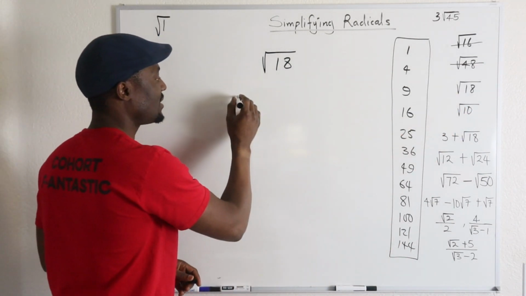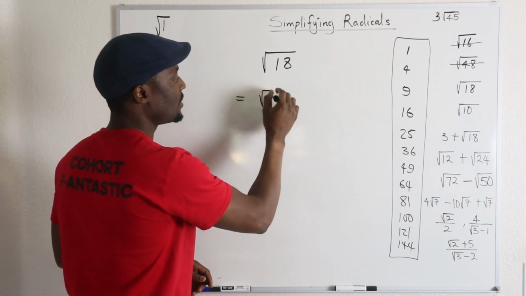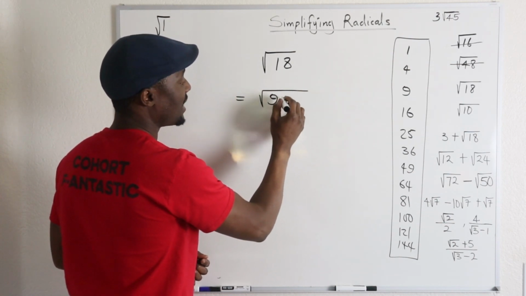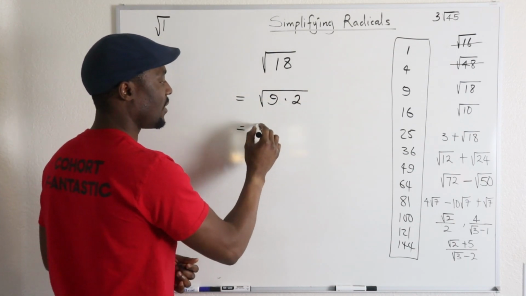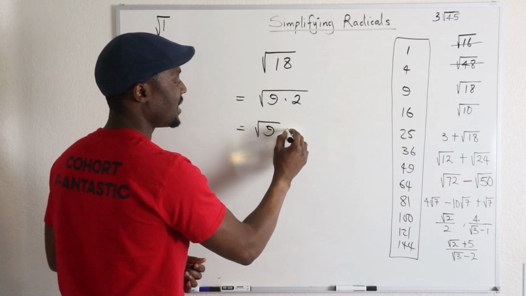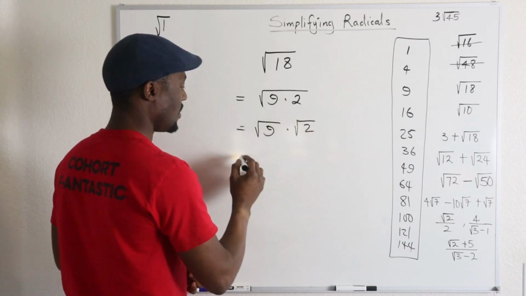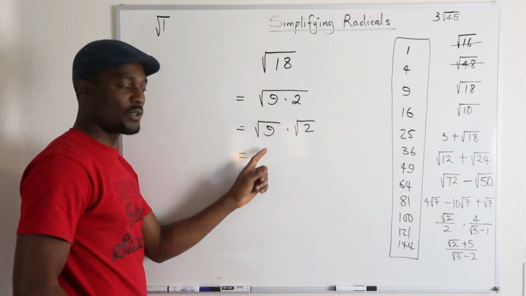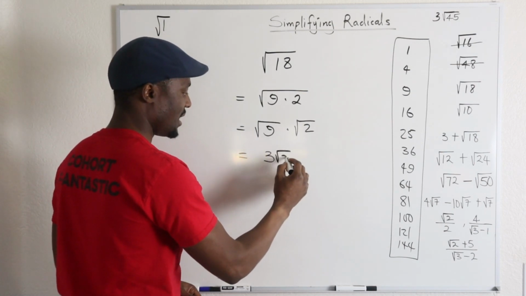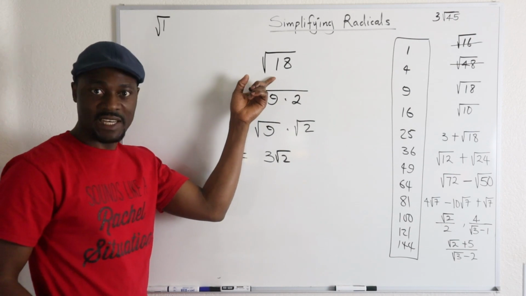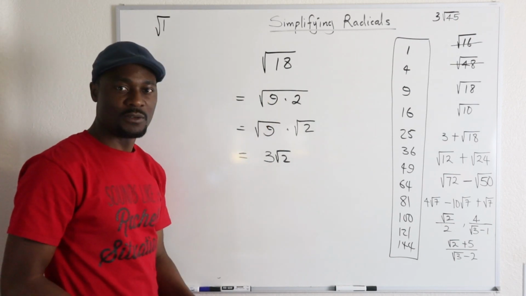So you rewrite this as rad 9 times 2, because 9 times 2 is 18. You break this down, it gives you rad 9 times rad 2. We know this is a perfect square. The answer here will be 3. This you can't simplify, you write it beside it. So the simplified form of rad 18 is 3 rad 2.